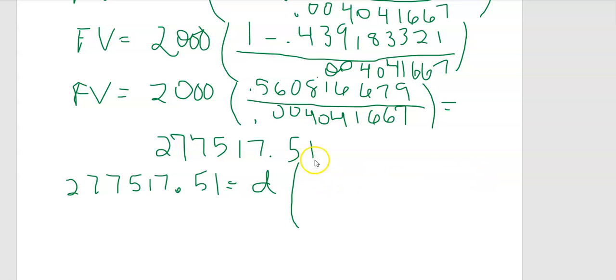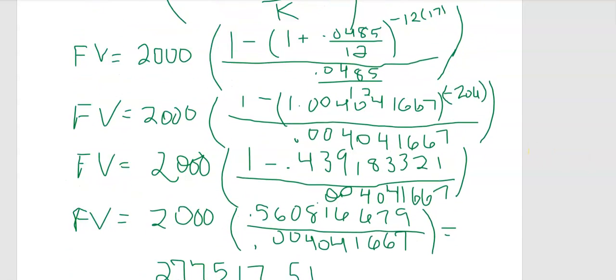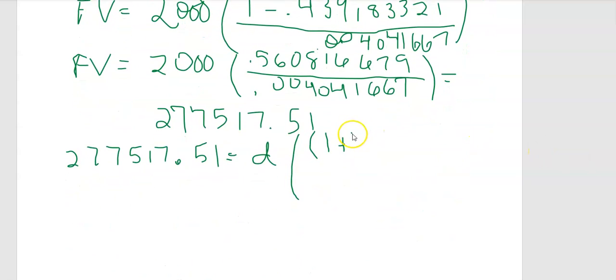But we're going to have, for the savings, 1 plus, interest rate was 0.0485. Again, monthly. And she's going to do this for 40 years. So 40 years times the 12.